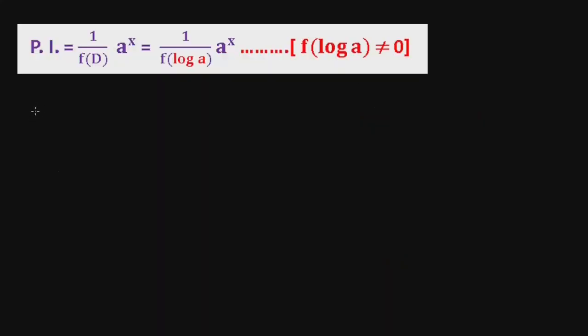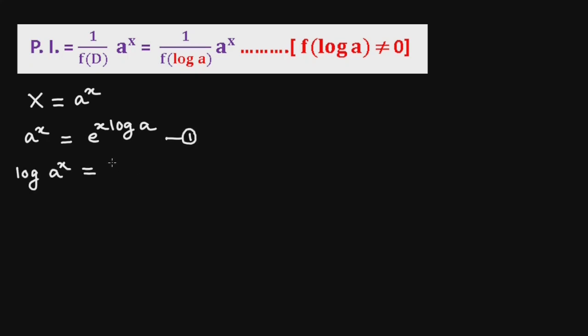Let us see how to find the particular integral when the right hand side of the differential equation X is a raised to x. We know that a raised to x is e raised to x log a. Why? Because suppose we take logs on both sides of this statement 1, we get log a raised to x equals log e raised to x log a.